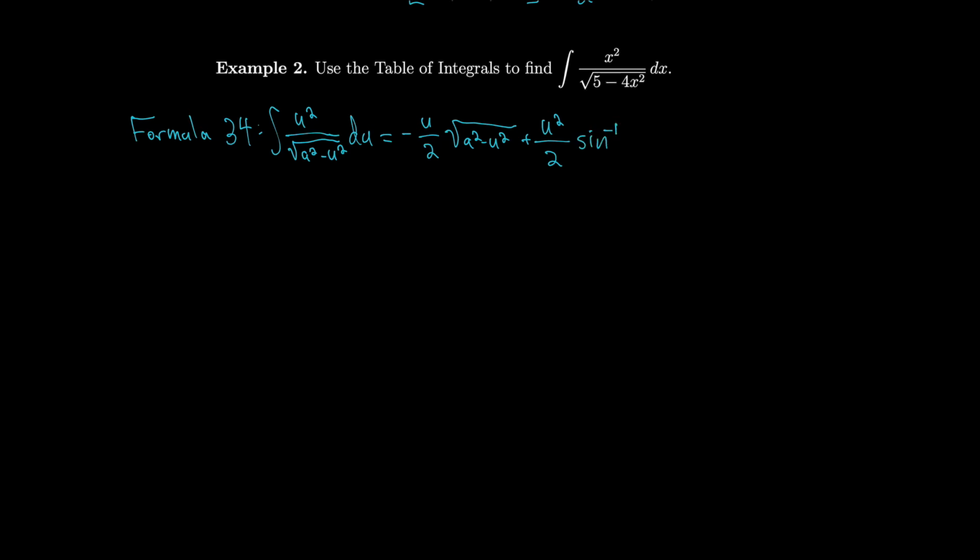So let's put that back. Formula 34 tells us that the integral of u squared over the square root of a squared minus u squared is equal to minus u over 2 times the square root of a squared minus u squared plus a squared over 2 times sine inverse of u over a plus c.